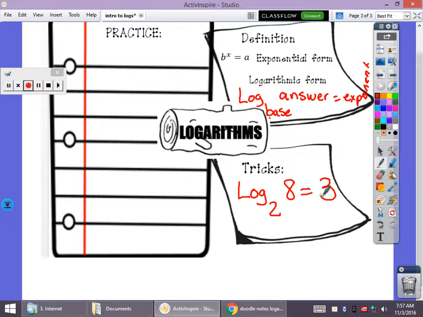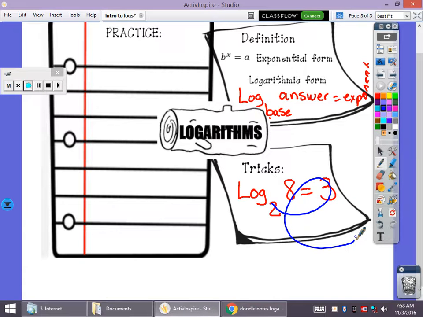All right, so here we go. Here is something written in log form, and I'm going to put it in exponential form. Can someone tell me what letter the word exponent starts with? E. So I'm going to do the E trick. Are you ready?